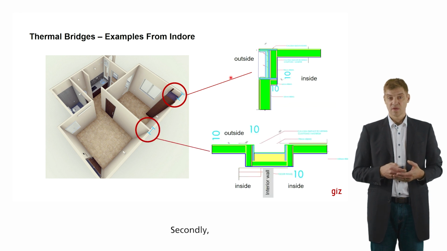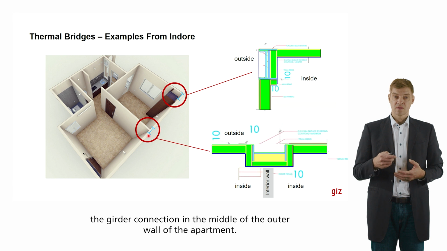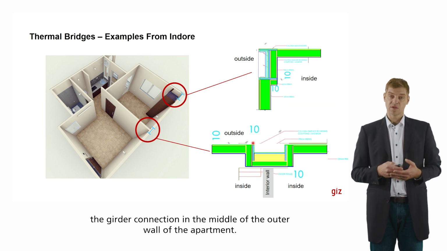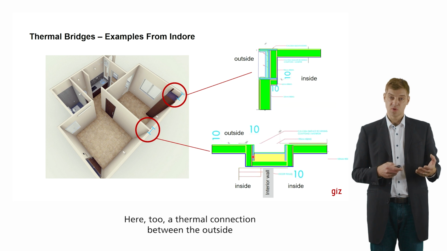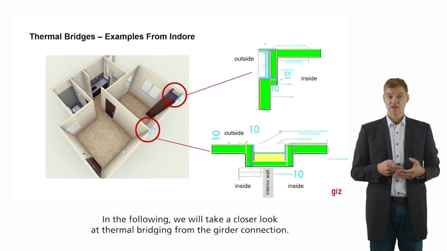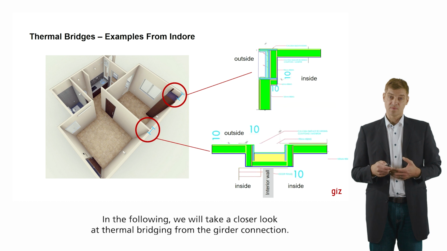Secondly, the girder connection in the middle of the outer wall of the apartment. Here, too, a thermal connection between the outside and the inside air is created. In the following, we will take a closer look at the thermal bridge from the girder connection.